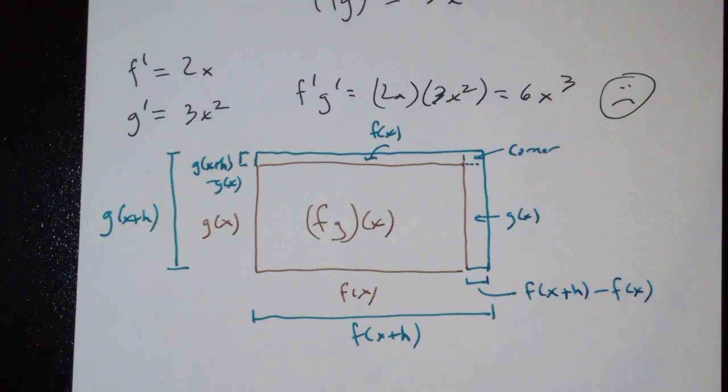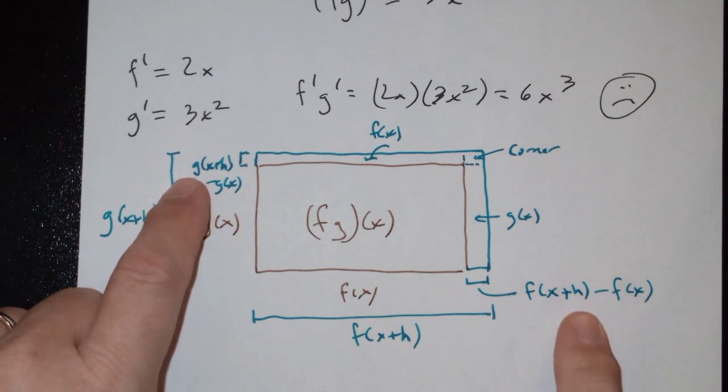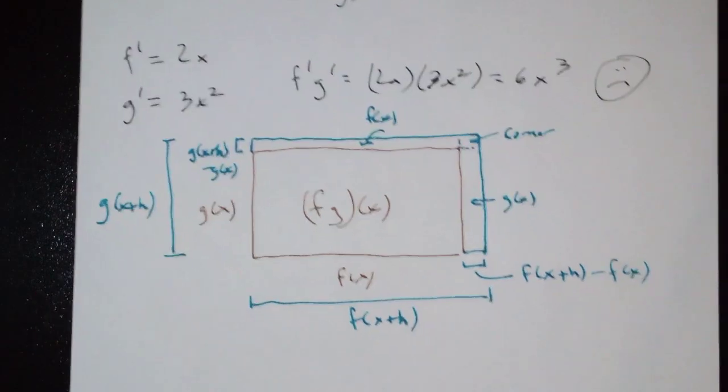Hey, wait a second. My goal is to figure out how much is in all three of those little bits, right? It's this upper corner that's the problem at the moment. That is going to be this thing times this thing, isn't it? Yikes. Okay.